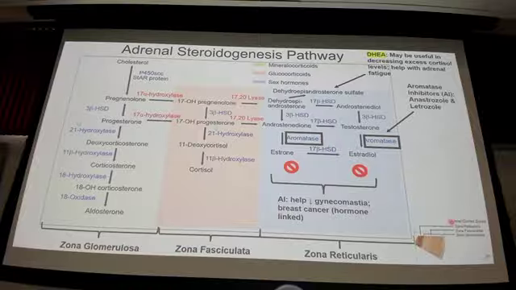Aromatase inhibitors are used in estrogen receptor positive cancers in postmenopausal women to decrease the amount of estrogen, so estrogens cannot interact with the estrogen positive receptors to facilitate cancer cell or tumor growth.